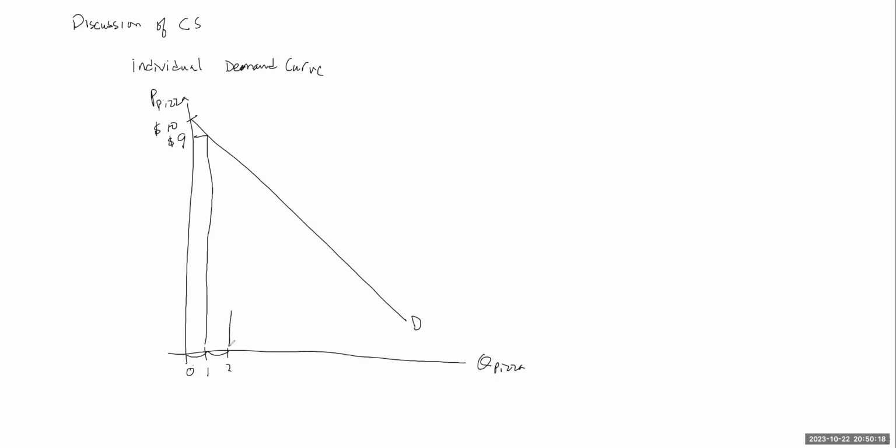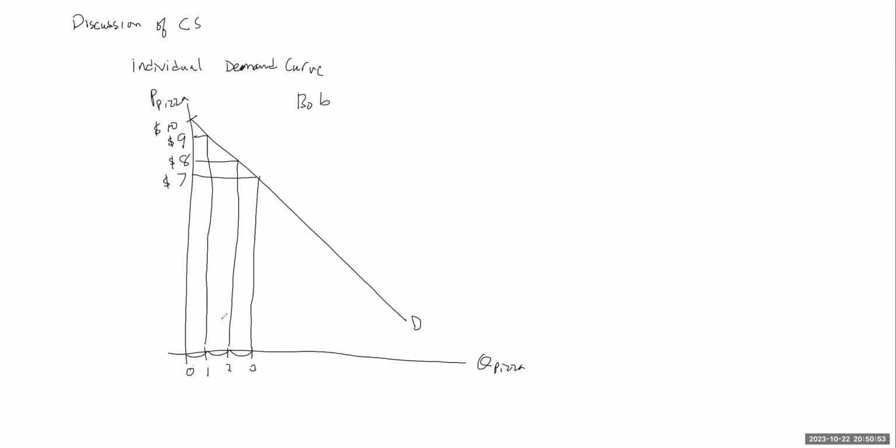For that second slice of pizza, the person is willing to pay $8. For that third slice, this person, let's say Bob, is willing to pay $7. However, that's not how the world works. When Bob goes to Pizza Hut, it doesn't charge him $9 for the first slice, $8 for the second slice, and $7 for the third.